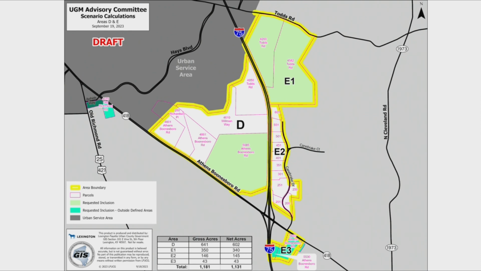So if we have patches of rural activity centers, does that break up the contiguity potentially? So let's say, for example, if we wanted to bring in those bottom two parcels of E2, they wouldn't be contiguous to the existing USA because of the rural activity center, right? So how does that impact that consideration?